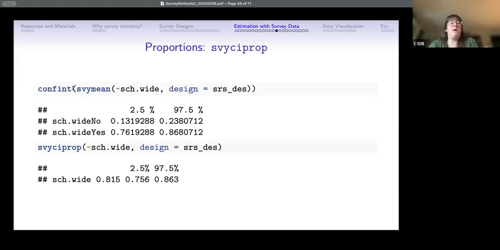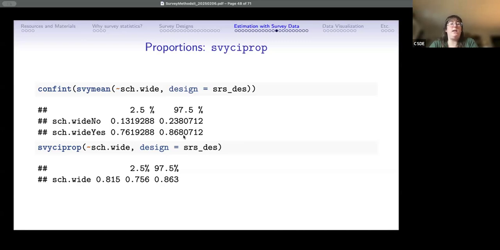So confint is a function that is just in R. You may have used it before, and it can be used on a lot of objects to pull out confidence intervals. Here you see that for this binary variable, the 95% confidence interval is 0.76 to 0.868.